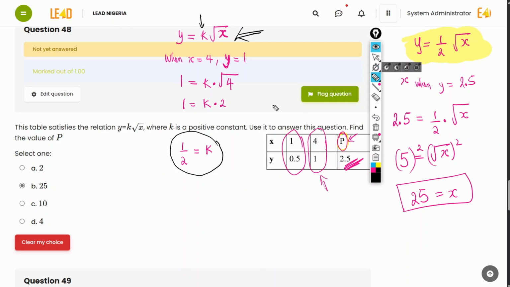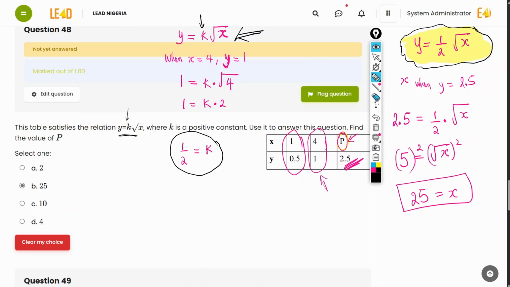Since I know what k is now, I could rewrite this base equation, plugging in the value of k. That gave me the standard relationship between y and x. And then from there, it's easy peasy, because they are basically asking you for x when y is 2.5. So it's just to substitute and then solve backwards for x, which I got to be 25.